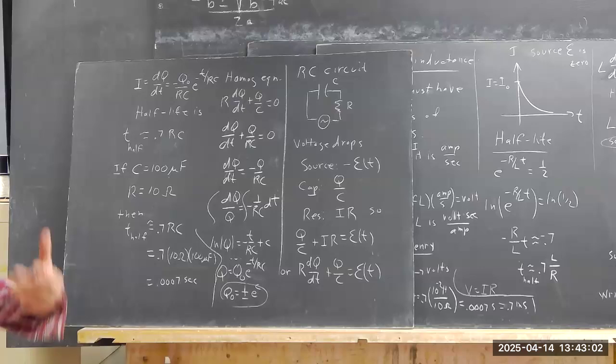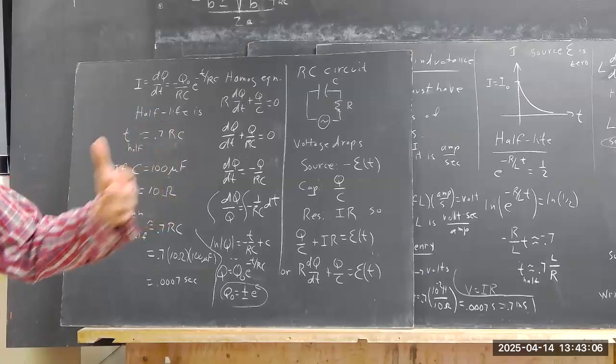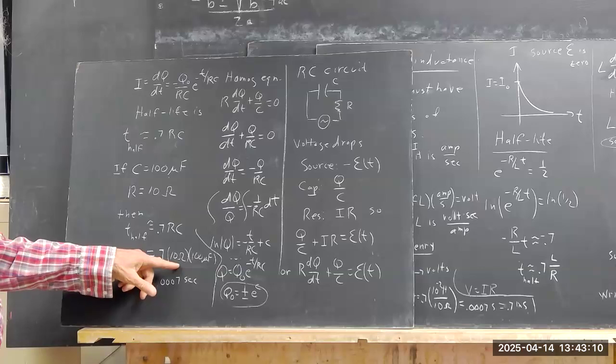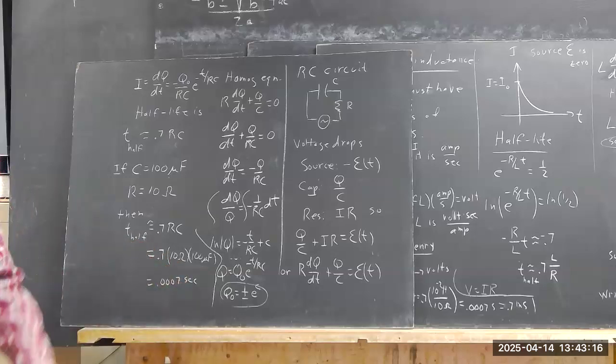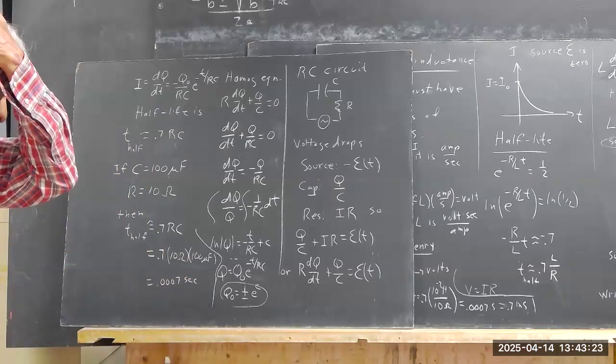What's capacitance? It's charge over voltage, right? Coulombs over volts. So that's in microcoulombs over volts. This is in volts per amp. And the units work out, so just work them out.